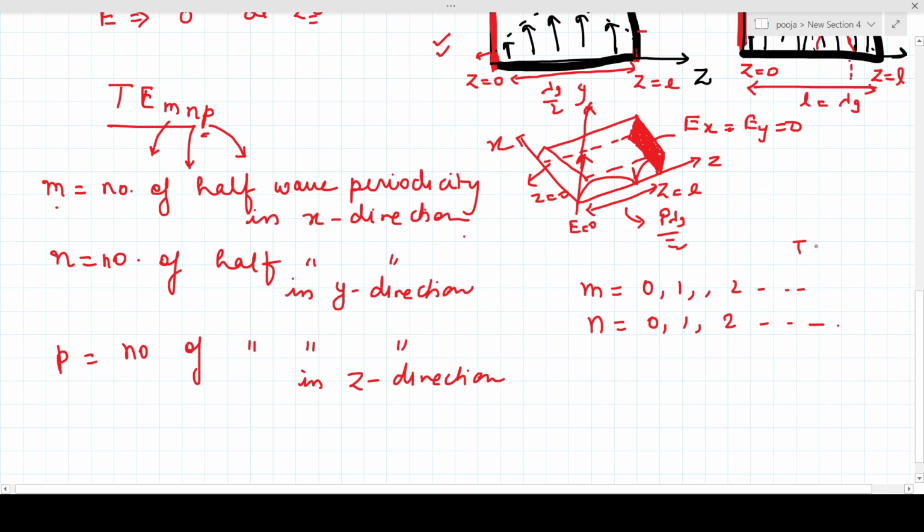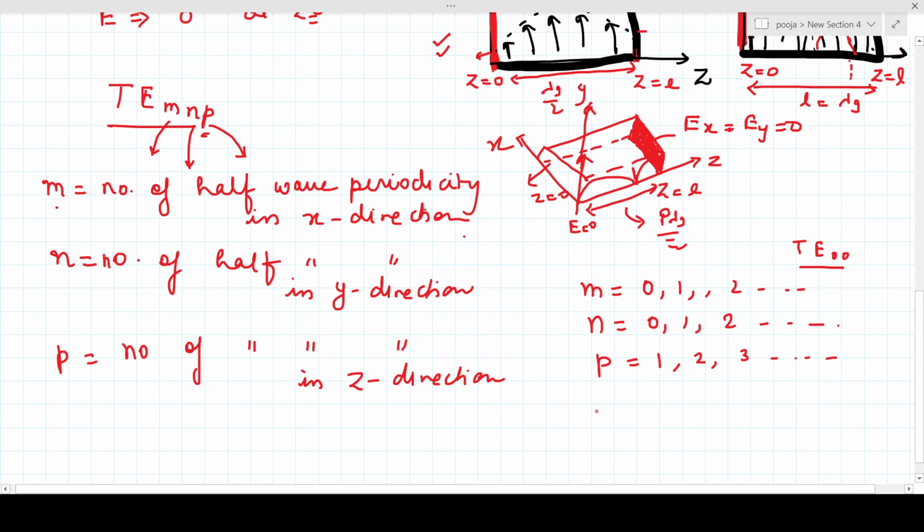Like we studied, the TE00 mode does not exist. Either M or N could be 0, but not both at the same time, and P will not be 0 at any time, because we want a standing wave to occur within it. So it will be 1, 2, 3 and so on.